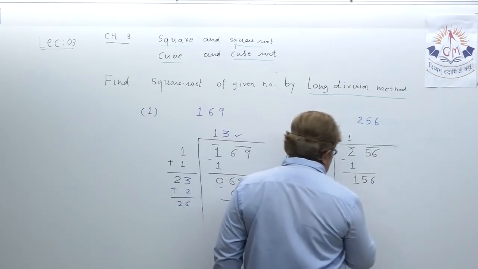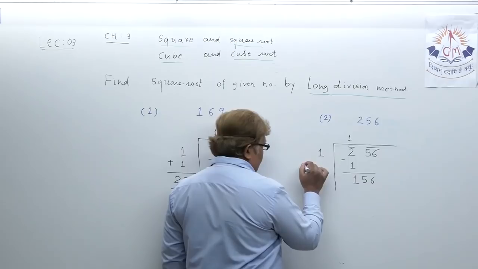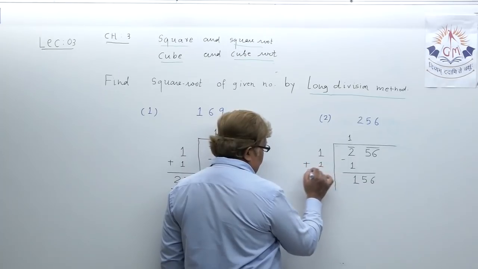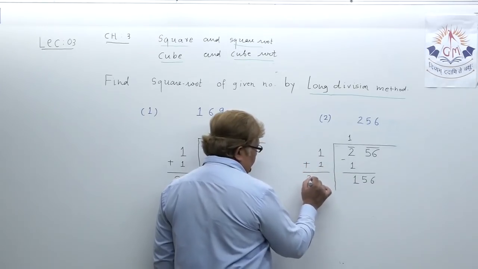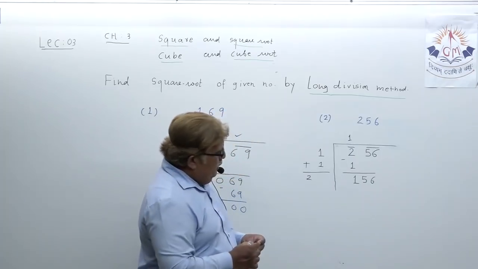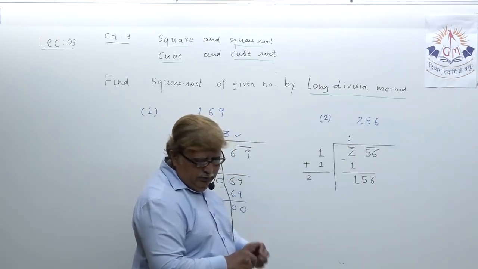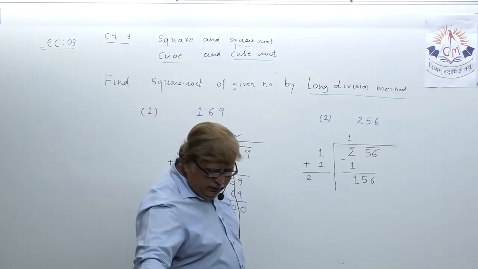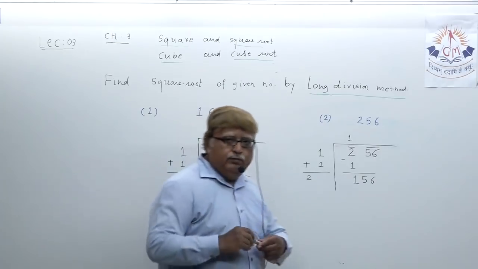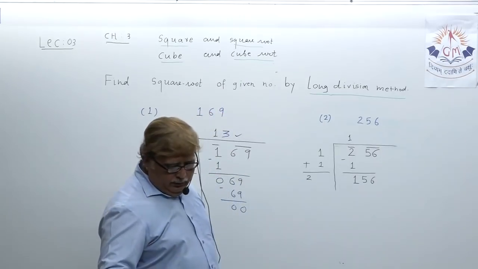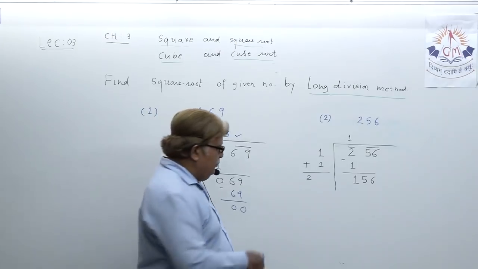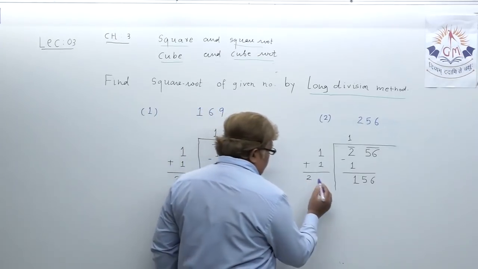56 here. 1 to be added here, this becomes 2. Why have I written 2 this way? That, my dear student, you are smart enough to understand now. Okay? Chalo.